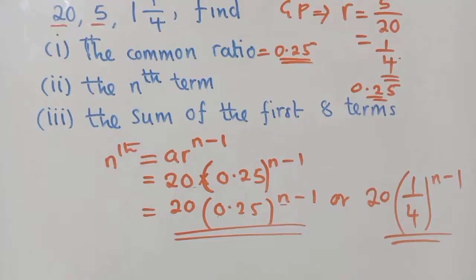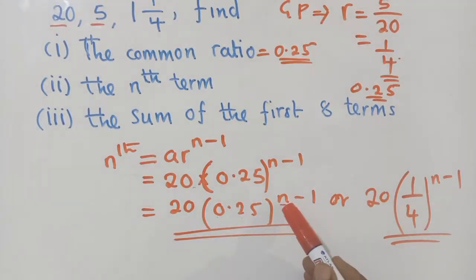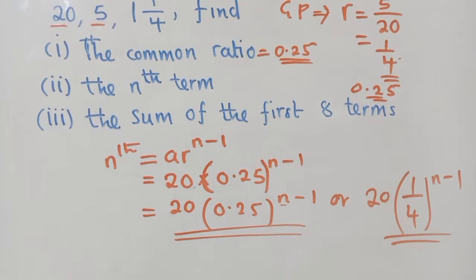Let me see this comment from Beatrice. Where there is n, are we not supposed to put 20? Oh, you're saying where there is n here we put 20. No, Beatrice.